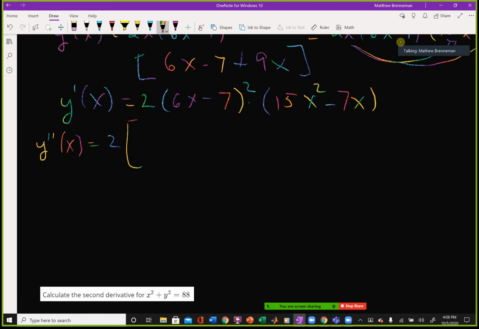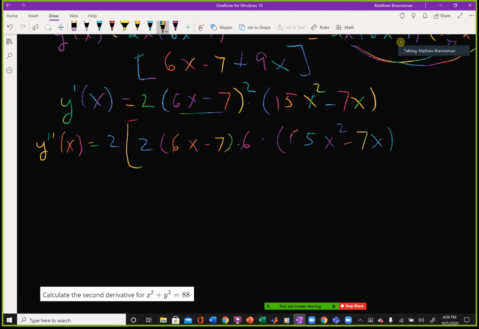So when I use the chain rule, the derivative of blob squared with respect to blob is 2 blob, and then the derivative of blob with respect to x is this derivative with respect to x, which is 6. And then, of course, nothing changes with the second term, 15x squared minus 7x.